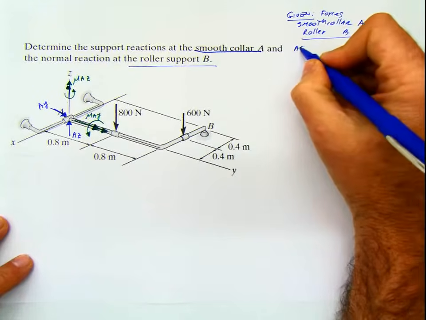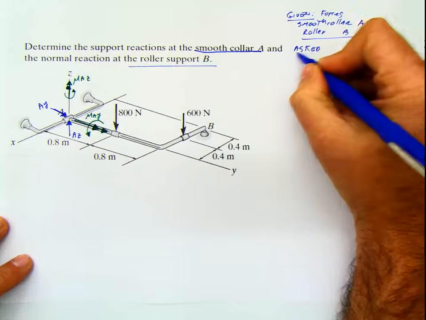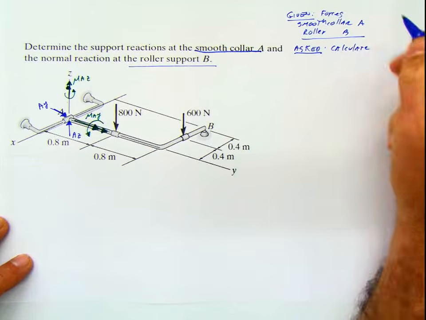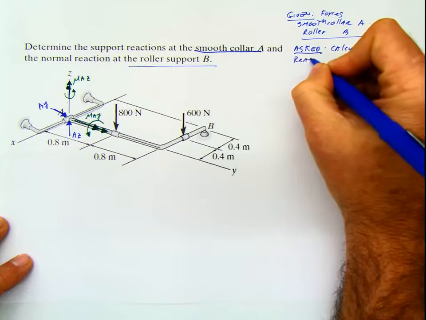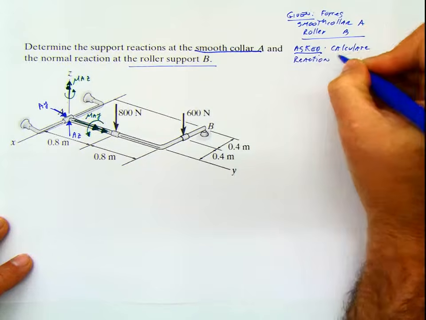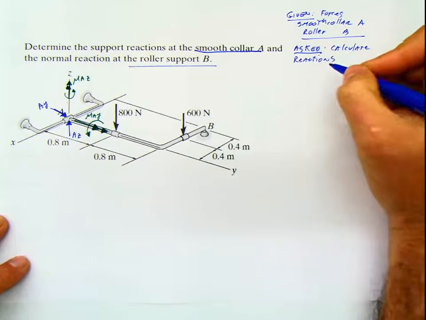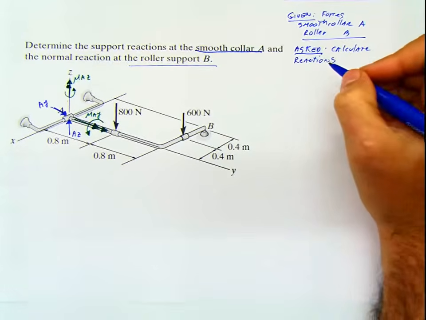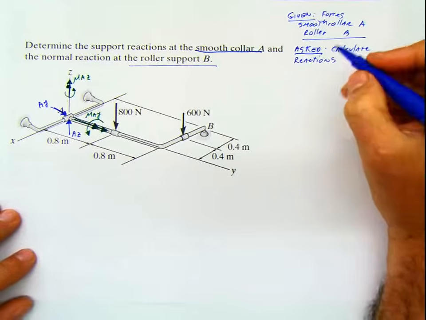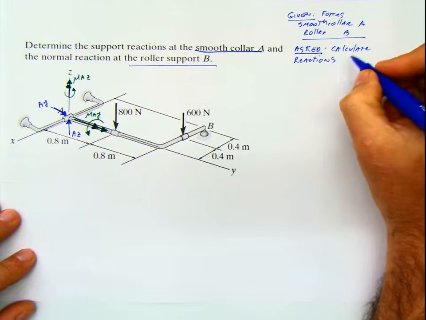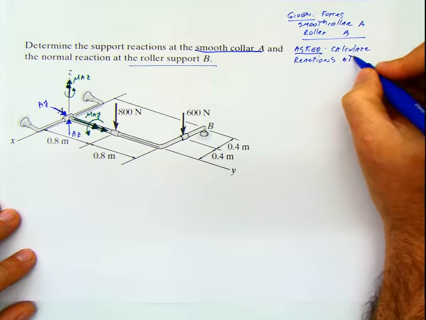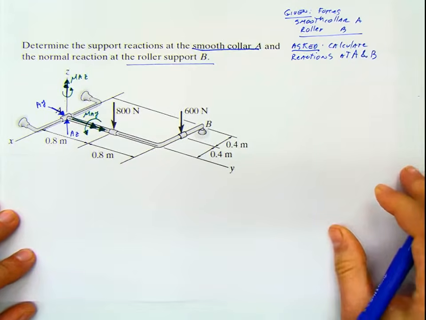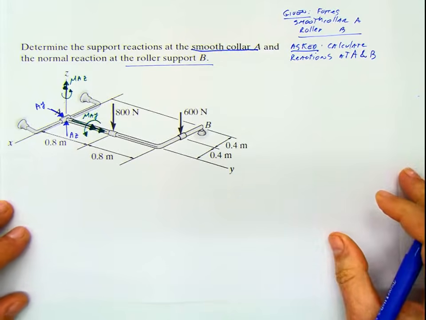We're asked to calculate reactions, and be very careful when they ask you for reactions, because that means forces as well as moments. So reactions at A and B. That's what we have to calculate. Reactions at A and B.